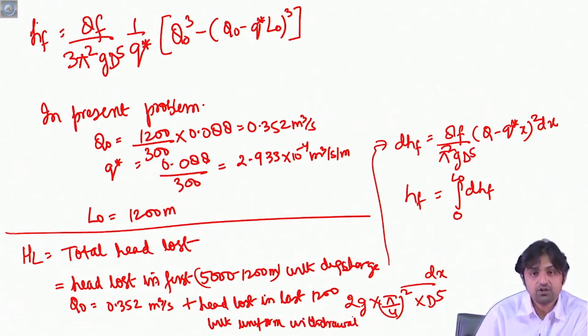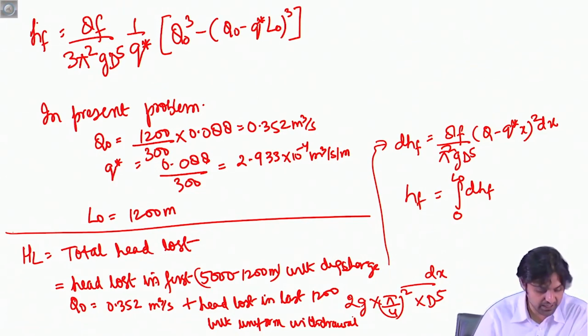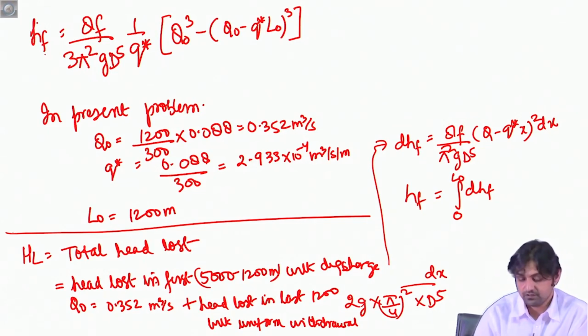So total head loss is going to be the head lost in first 3800 meter with discharge Q naught, that is going to be the major head loss, right? And the second one was where we used the differential equation, and that is what we wrote as HF2.